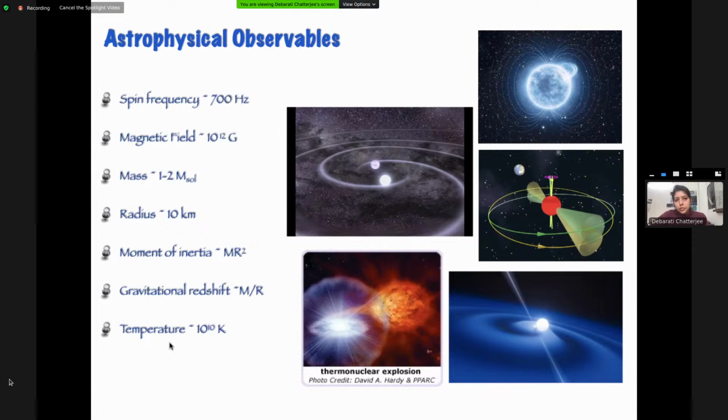There are also some other observables which can be derived from neutron stars, for example, the moment of inertia. These can give us some complementary information. For example, the moment of inertia is proportional to the product of the mass and the square of the radius. So if we know the mass and the moment of inertia, then we can also determine the radius from these two observations.